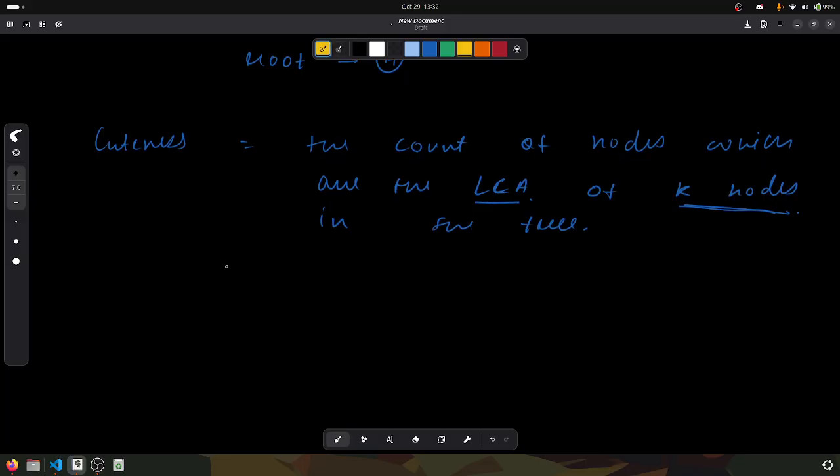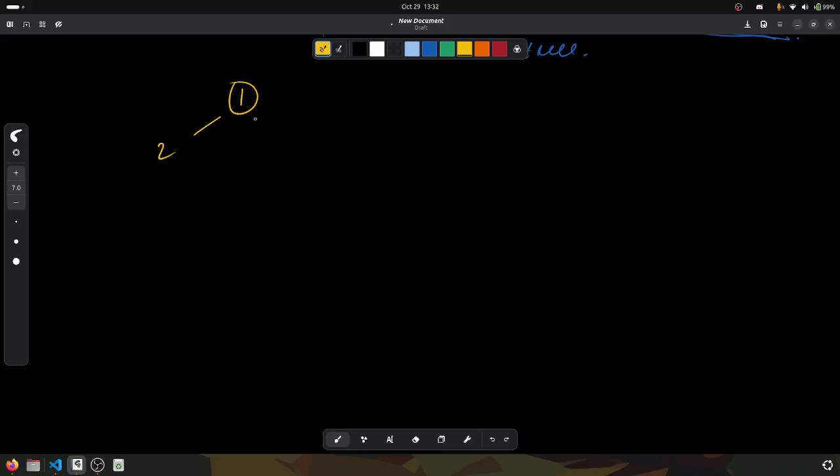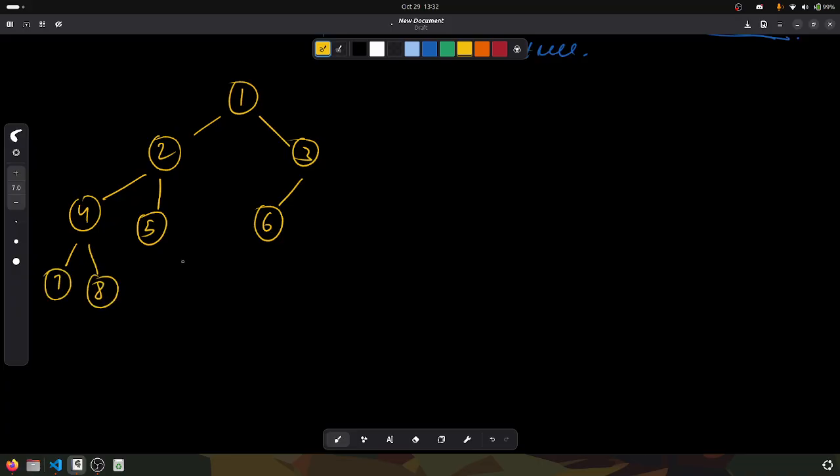So let's make some tree: 1, 2, 3, 4, 5, 6, 7, 8 and 9. So this is the tree. Let's take k as 3 and let's try to find S1, the cuteness of S1.